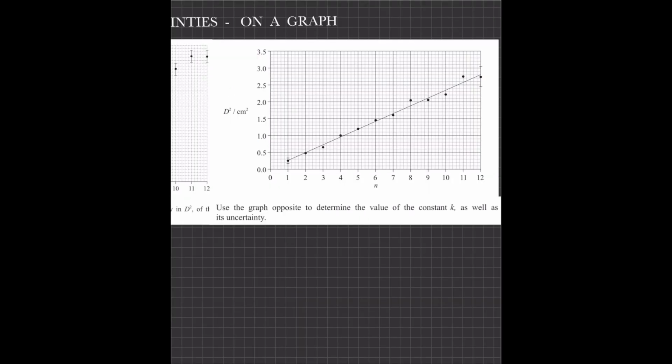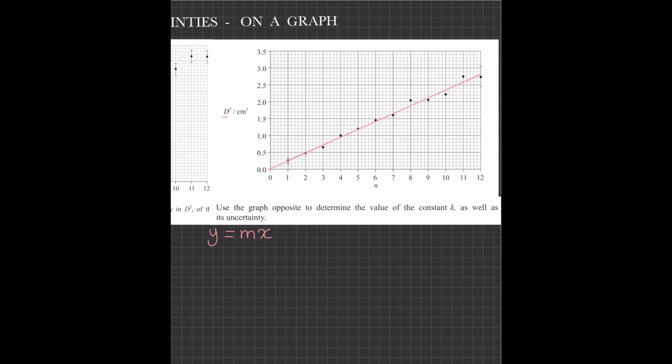All right, for the second question, what we know is that this is a line graph, so it must have the equation y equals mx plus c. If you draw the line of best fit and extend the line, you can see that it goes through 0, which means that c is equal to 0. So y equals mx.